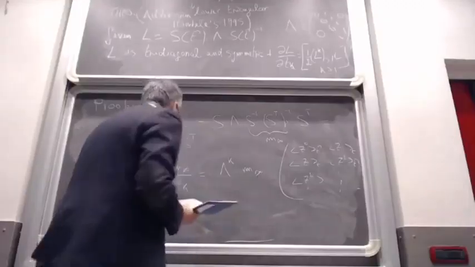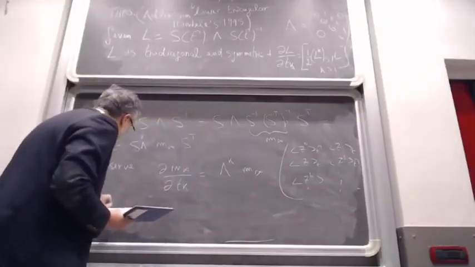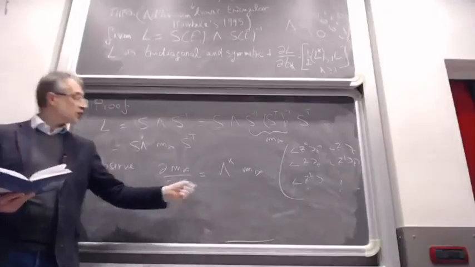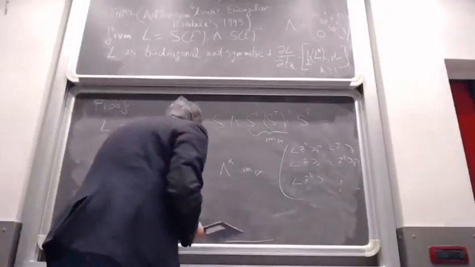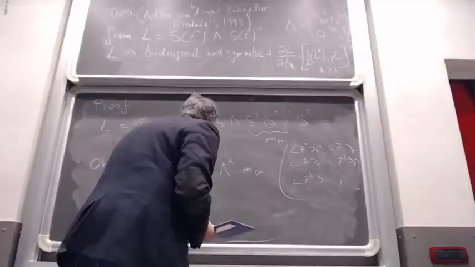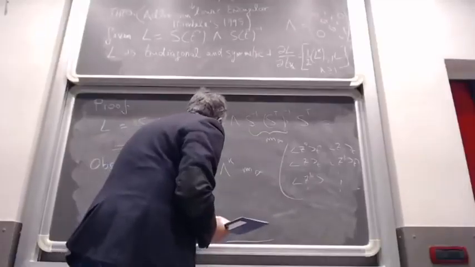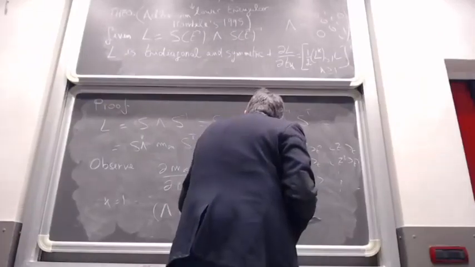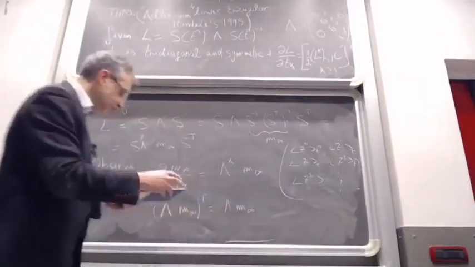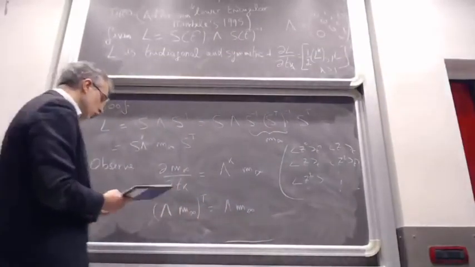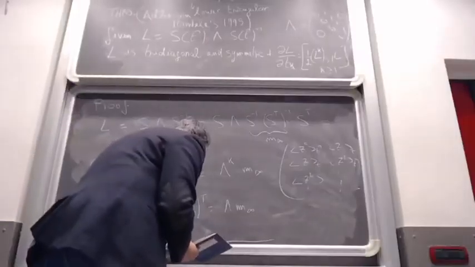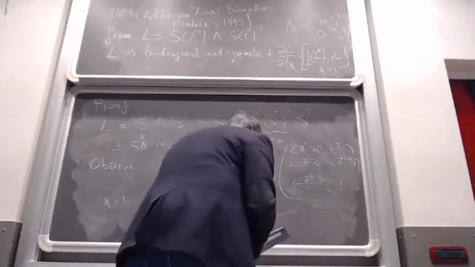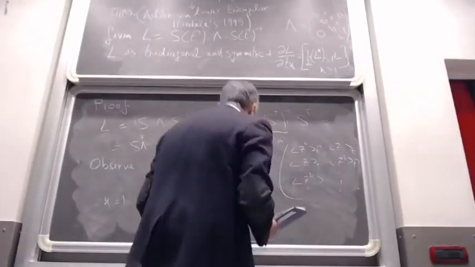So M infinity is symmetric. In particular, for k equal to 1, since the left-hand side is symmetric, the right-hand side is also symmetric. This means that lambda M infinity transposed is equal to lambda M infinity, and therefore M infinity lambda transposed is equal to lambda M infinity.